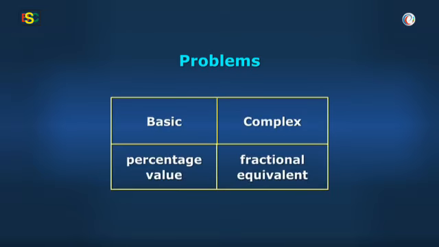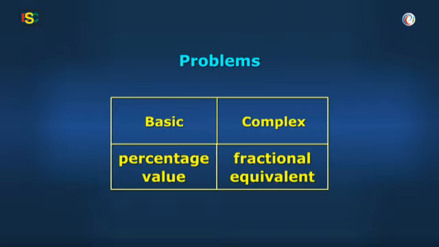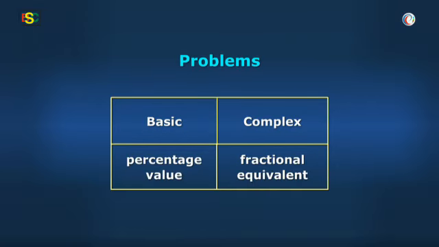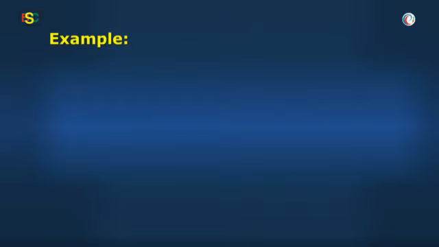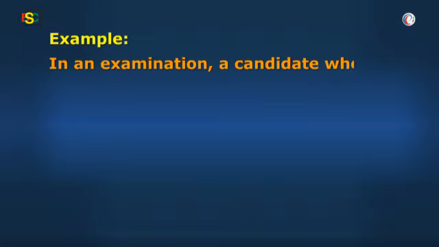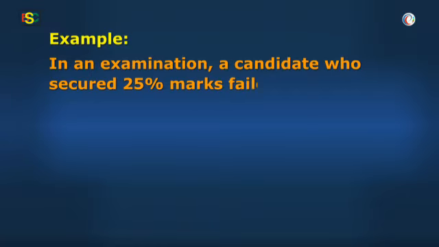Now let's have some more problems on percentage, Vidya, all based on various concepts that we have discussed so far. Let's say in an examination, a candidate who secured 25% marks failed by 60 marks.